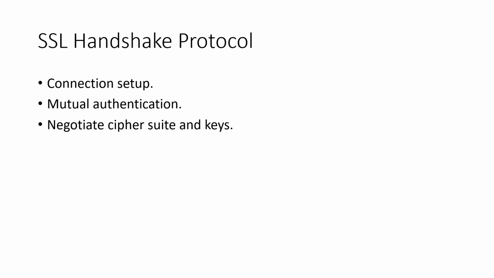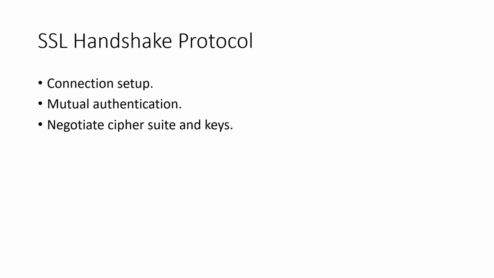And the SSL handshake protocol is where the secure session begins. The client starts with the client hello, which includes the supported SSL version, a random number, a proposed session ID, and a list of supported cipher suites. The server replies with a server hello, echoing or selecting these parameters.